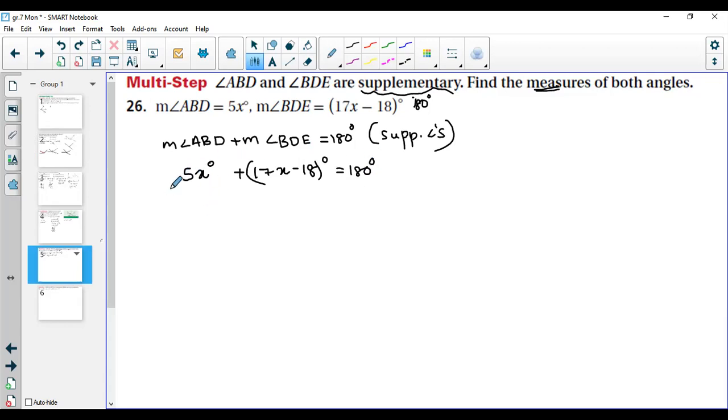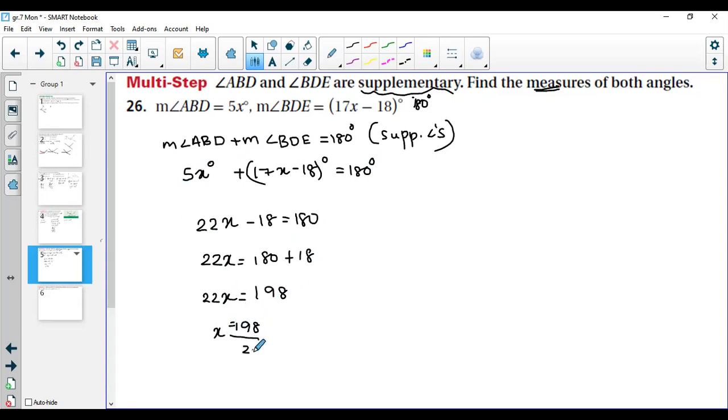Let's simplify this side first. 5x plus 17x will give you 22x minus 18 equals 180. So 22x equals 180 plus 18, which means 22x is equal to 198. X is going to be equal to 9, because 198 divided by 22 gives you 9.